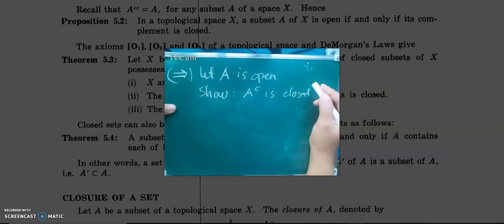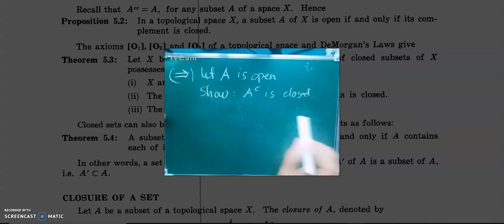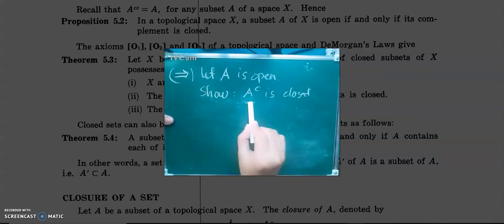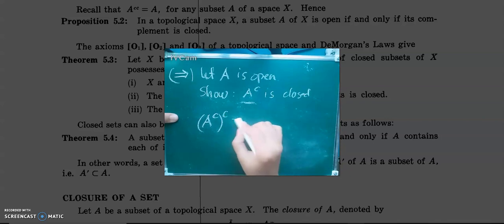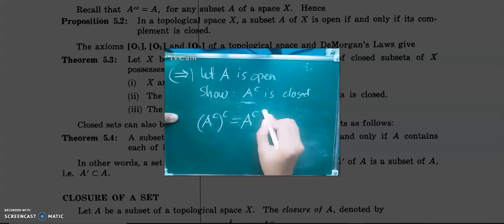Now, to show that this set is closed, of course, we are going to get its complement. By the definition, the complement of this set should be open so that we can say that this set is closed. Now, the complement of this set here is this one. This is the same as writing this one.